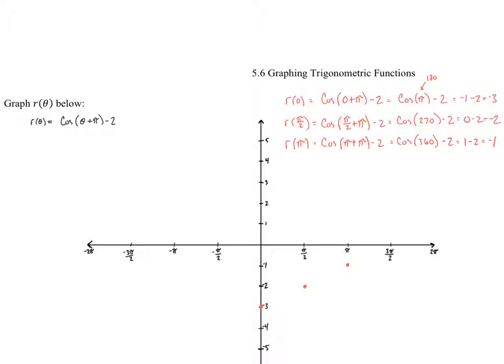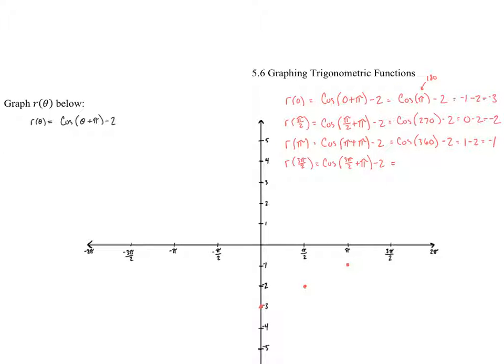So if we have r of 3 pi over 2, that's the same as cosine of (3 pi over 2 plus pi) minus 2. So let's think about it in terms of degrees. 3 pi over 2 is 270 degrees. Plus another 180 is going to bring you all the way to the top of that circle to 450 degrees.